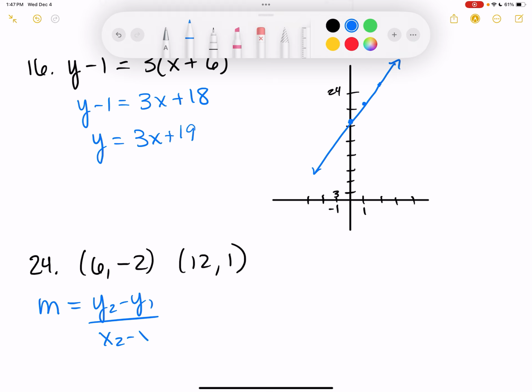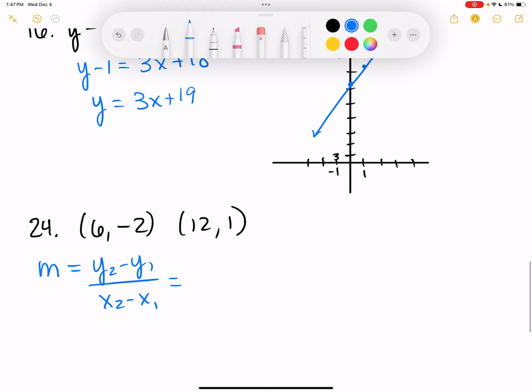So what am I plugging in number wise? 1 plus 2, minus a negative, so plus, good, over 12 minus 6. When I do that, I get 3 over 6, or 1/2. So my slope is 1/2.